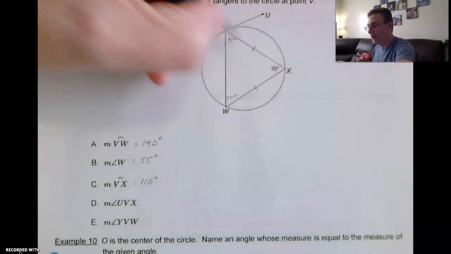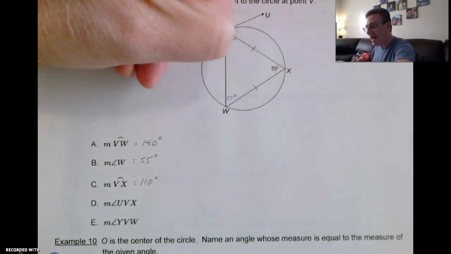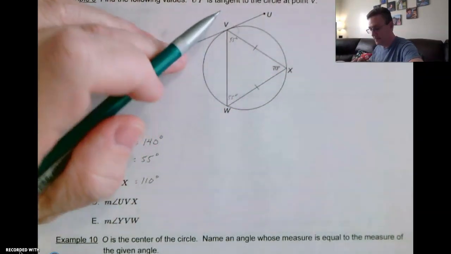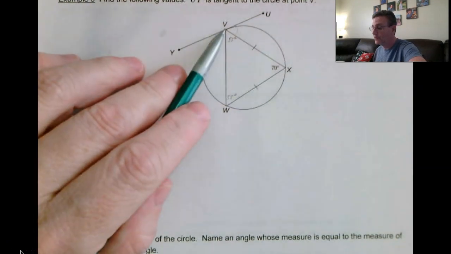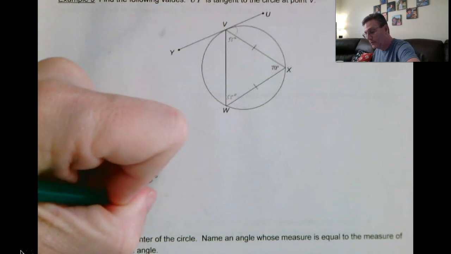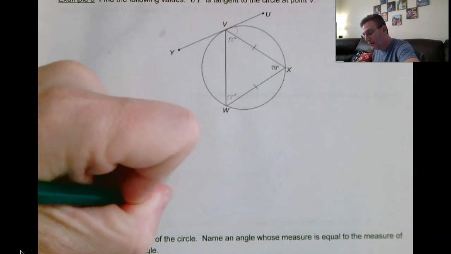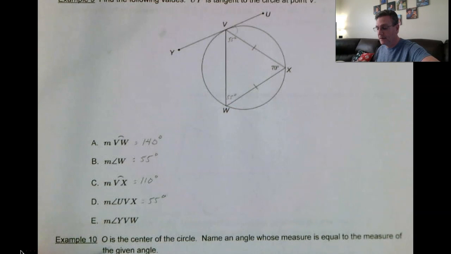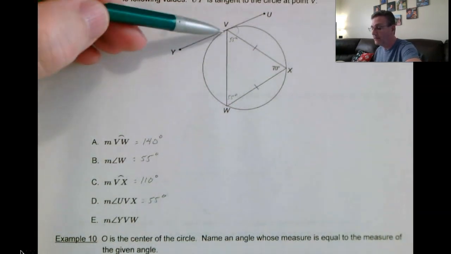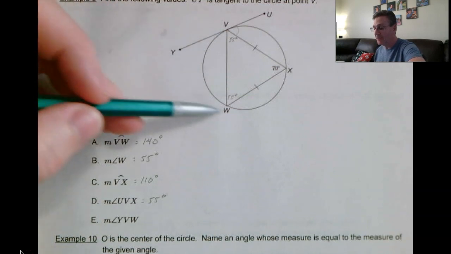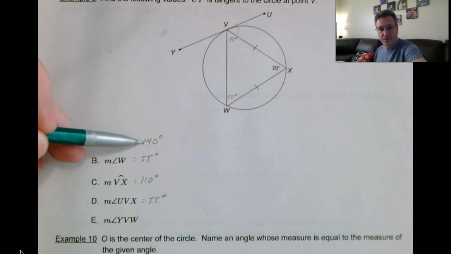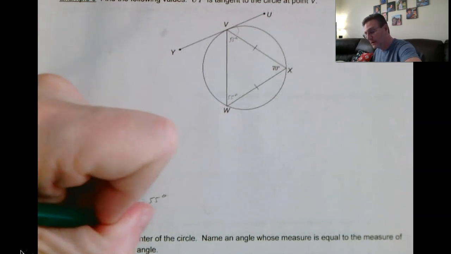So UVX here is half of this arc, which we just found. The measure of arc VX is 110. So angle UVX is 55 degrees. Measure of angle YVW. So YVW is going to be half of arc VW, which is 140, or 70 degrees.